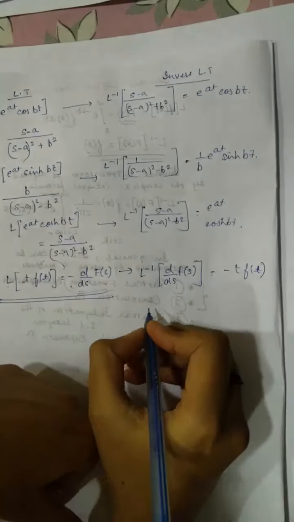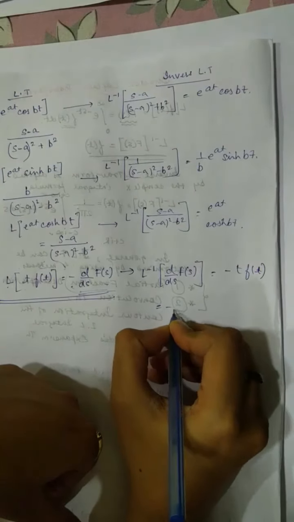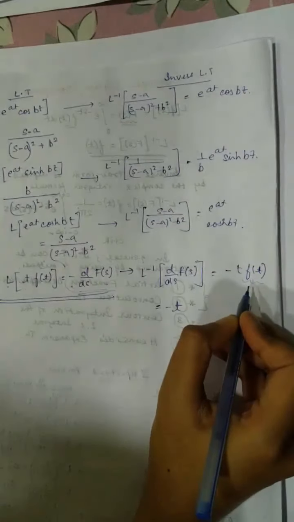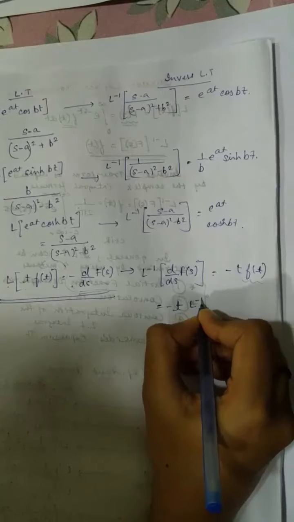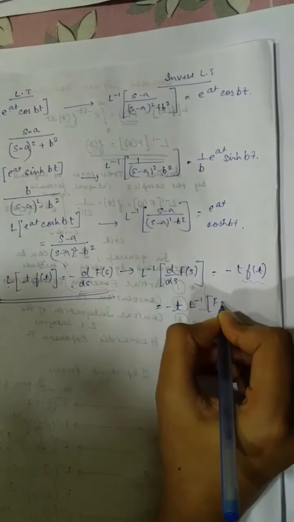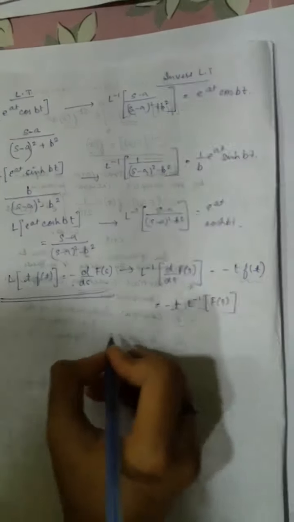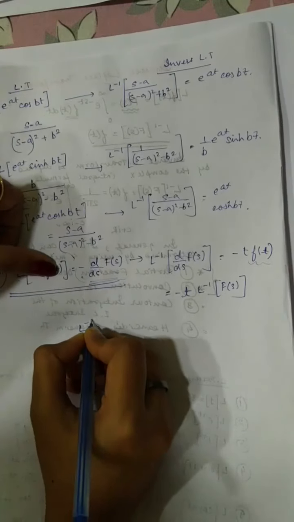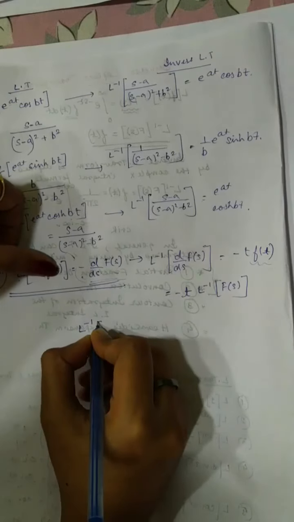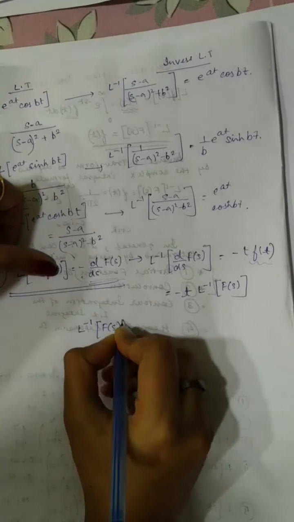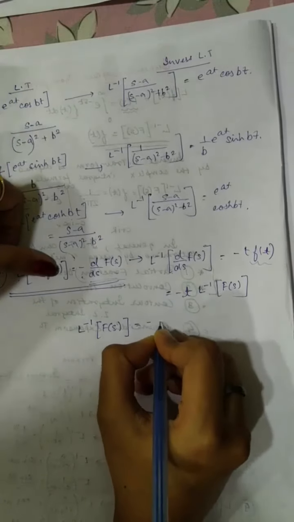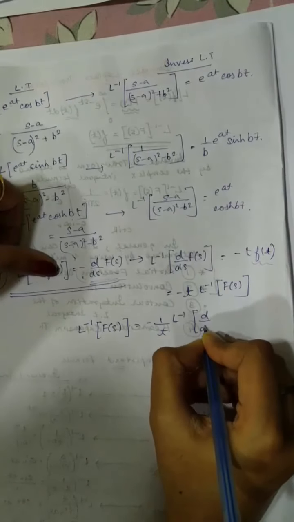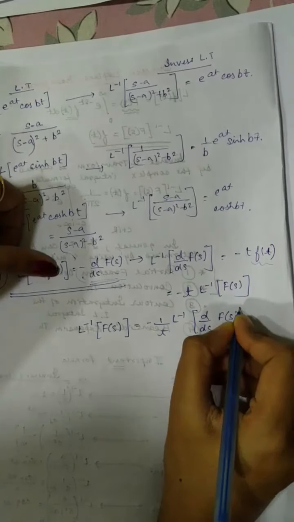From this you can write it is equal to minus t, and f(t) is nothing but the inverse Laplace of F(s). So this gives us a very important formula, that is, inverse Laplace of F(s) is equal to minus 1 by t times inverse Laplace of d/ds F(s).